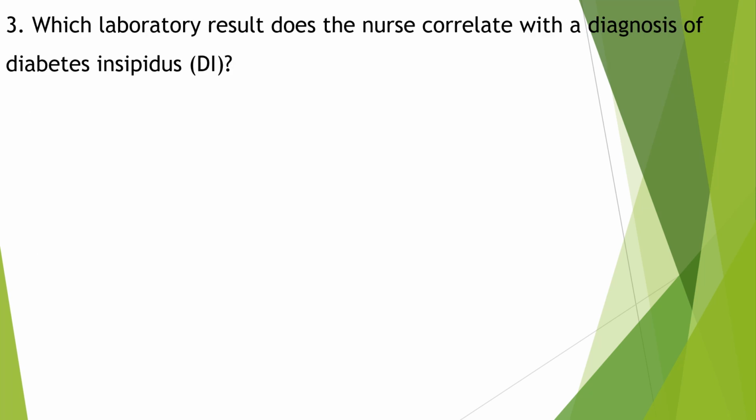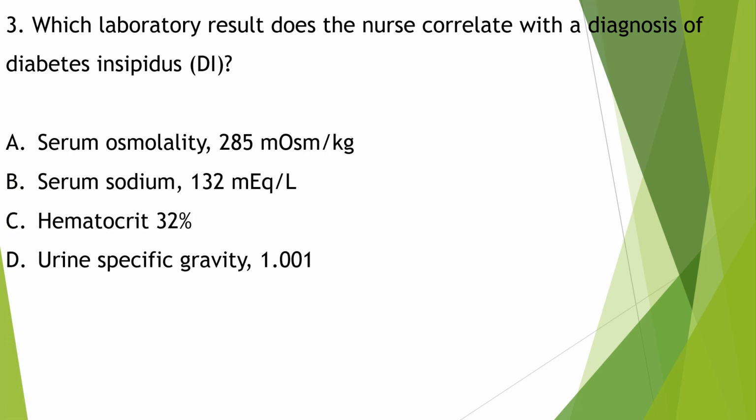Which laboratory result does the nurse correlate with the diagnosis of diabetes insipidus? Serum osmolality 285 milliosmoles per kg, serum sodium 132 milliequivalents per liter, hematocrit 32%, urine specific gravity 1.001.